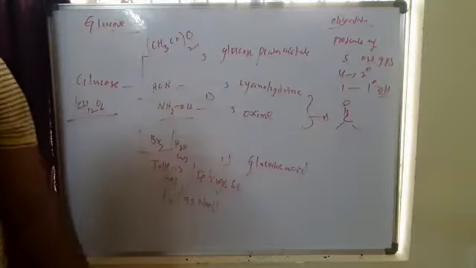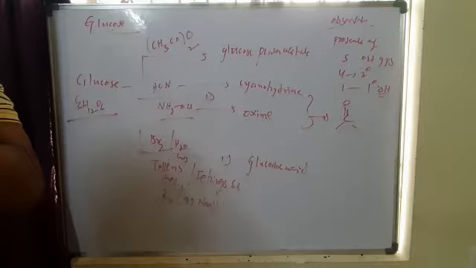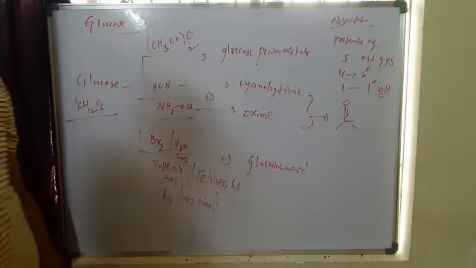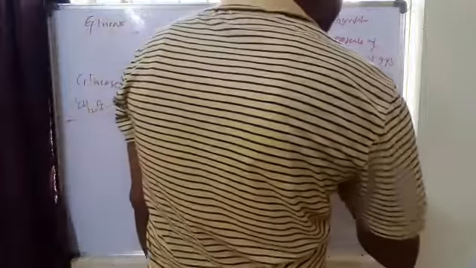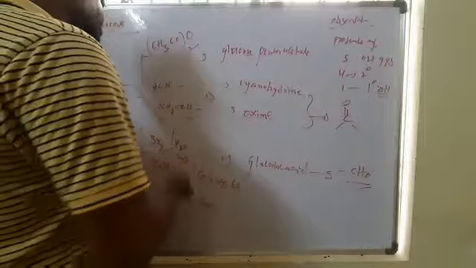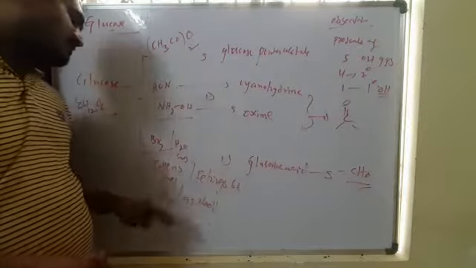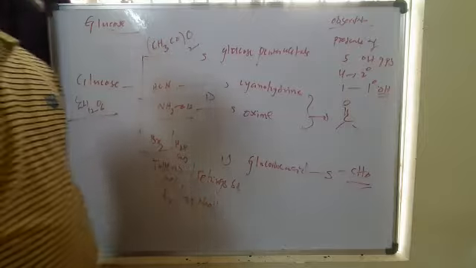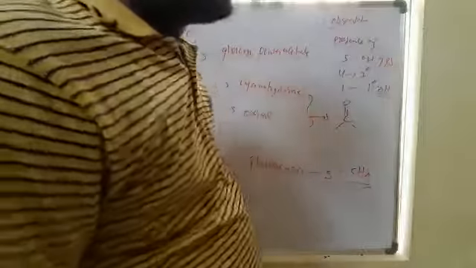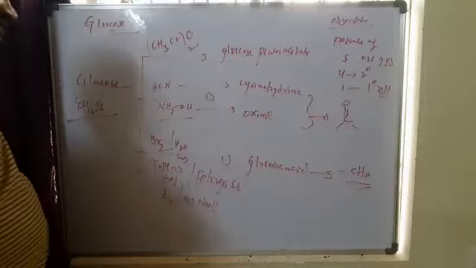Gluconic acid formation indicates that glucose has a CHO function. Any substance that gives Tollens test, Fehling's test, or bromine or iodine reactions, we can identify as having an aldehyde function.